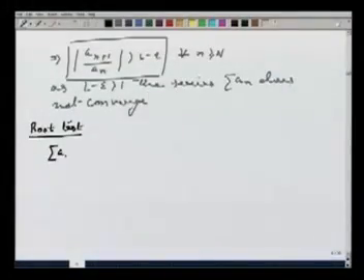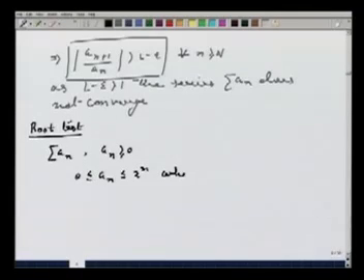So for example, suppose I have summation a_n, I know that all the a_n's are bigger than or equal to 0, and let us say 0 less than or equal to a_n less than or equal to x to the power n, where 0 < x < 1. Then it is very clear from the comparison test that the series summation a_n converges because the geometric series summation x to the power n converges.